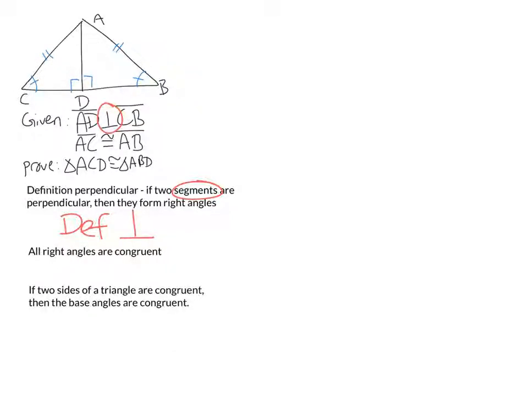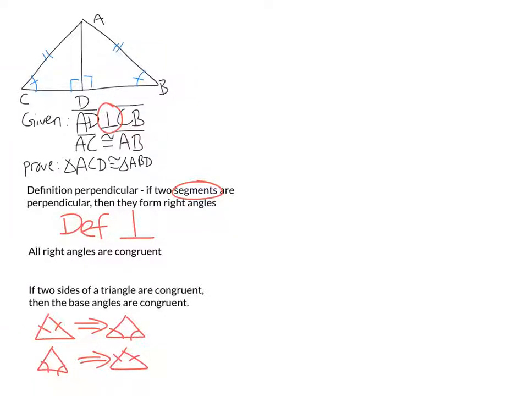So if two sides of a triangle are congruent, then the base angles are congruent. And you can actually reverse this one. If the base angles were congruent, it would also follow that the sides are congruent. The way I like to write this one out is with symbols. If the legs of my triangle are congruent, then the base angles are congruent. Or if the base angles are congruent, then my sides are congruent.